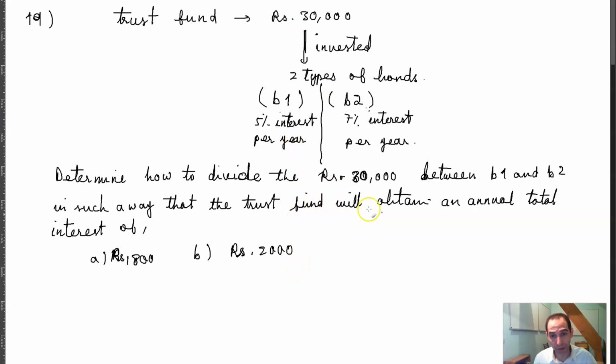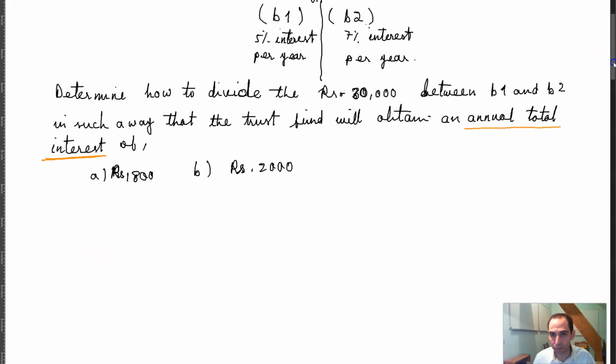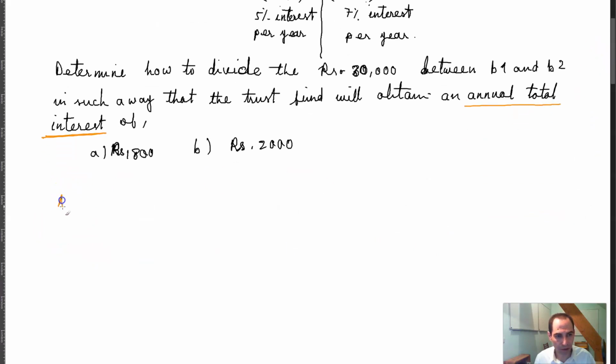Now, the annual total interest basically comes from two places.